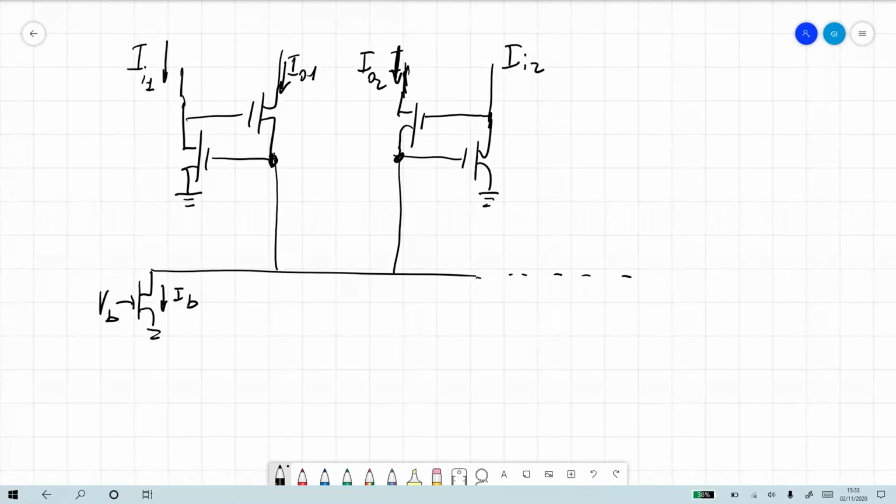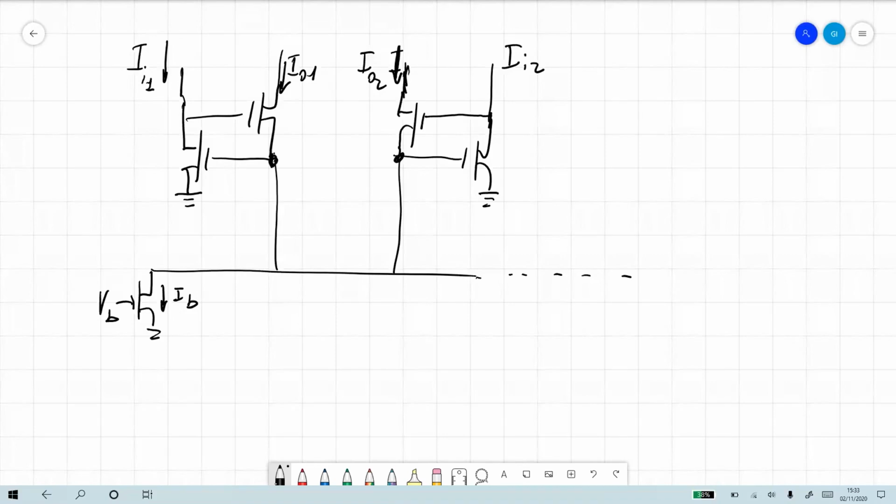Now, this is a perfectly symmetric circuit. So we will do the analysis for 3 cases. The case in which the input on one node is equal to the input on the other node, the case in which the 2 inputs differ a lot, and then the case in which the inputs are slightly different. We just have a small signal delta.